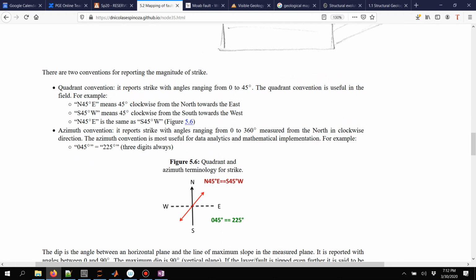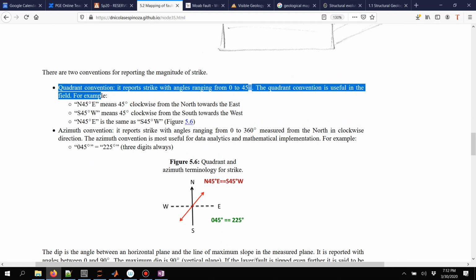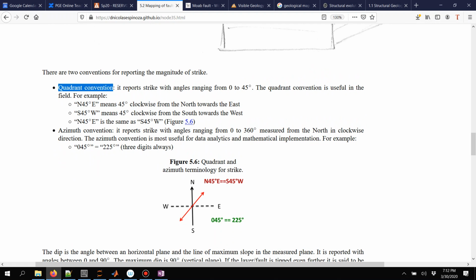For strike, we have the quadrant convention. Here we use an angle that goes from 0 to 45 degrees, and we refer to this angle as going, for example, from the north 45 degrees towards the east, and that would be the example for this case. But we could also say it's from the east 45 degrees towards the north, which is the same thing.